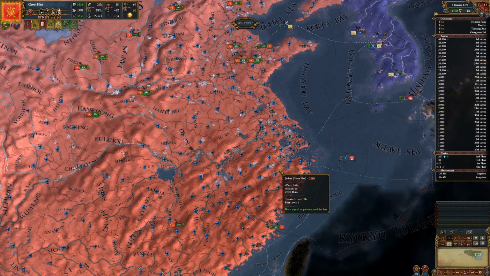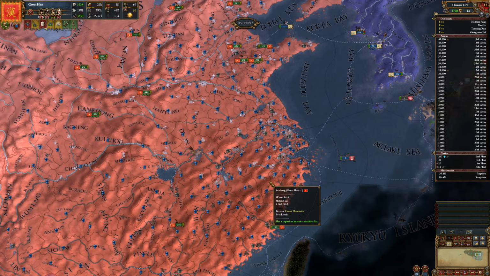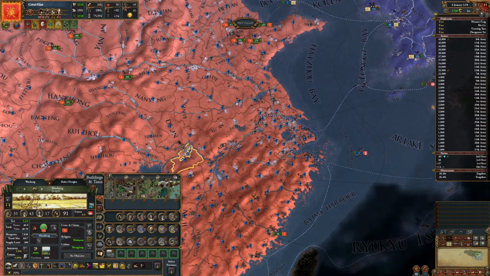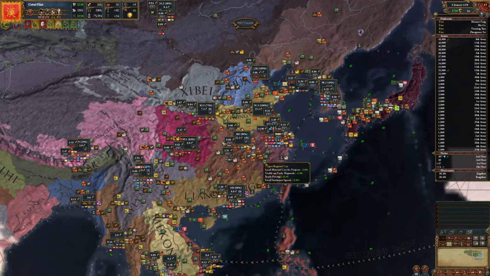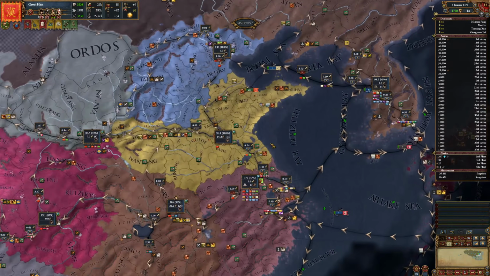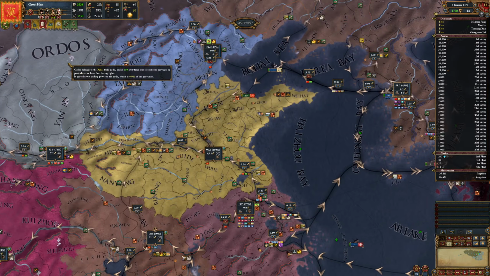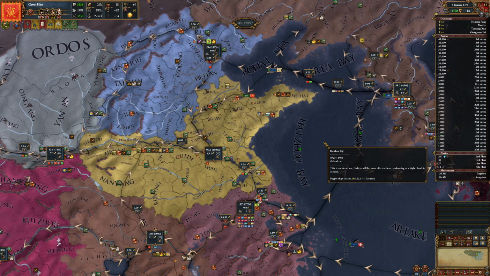So, the first thing we're going to do is go through a bunch of concepts around trade. And then once I've explained all of the concepts to you, I can tell you how the trade system actually functions, how it literally takes place. So the first concept you need to know is sectors. Sectors are really simple. One sector is all of the provinces one nation owns within a single node.